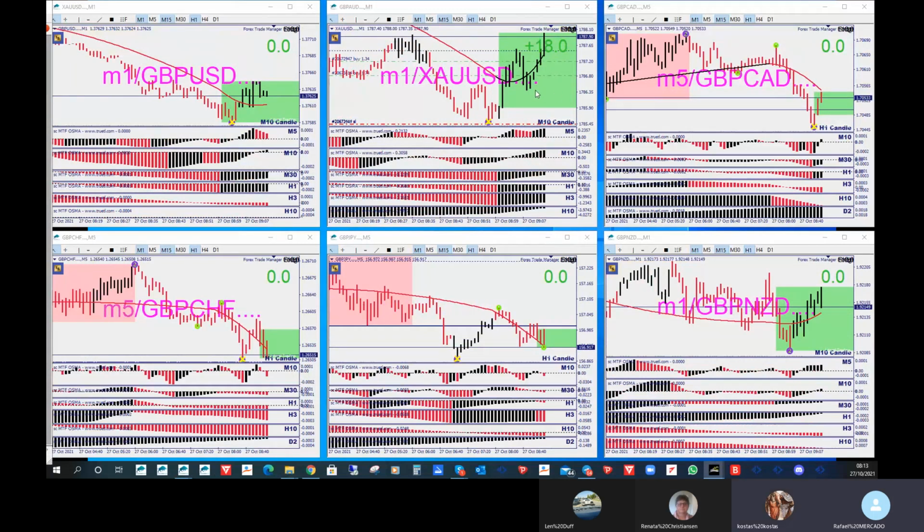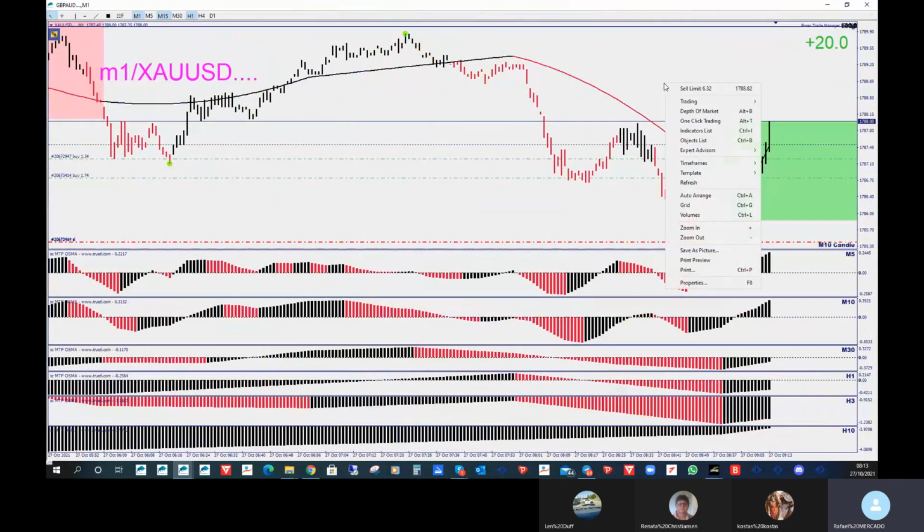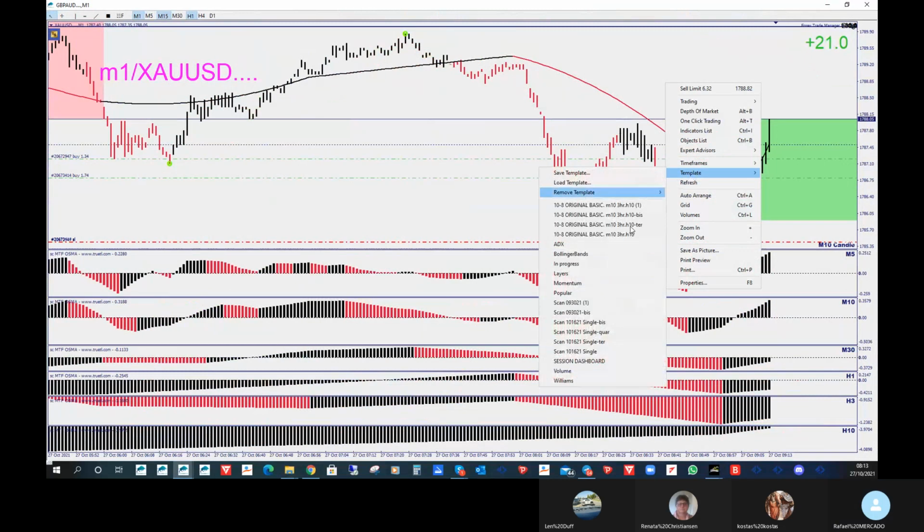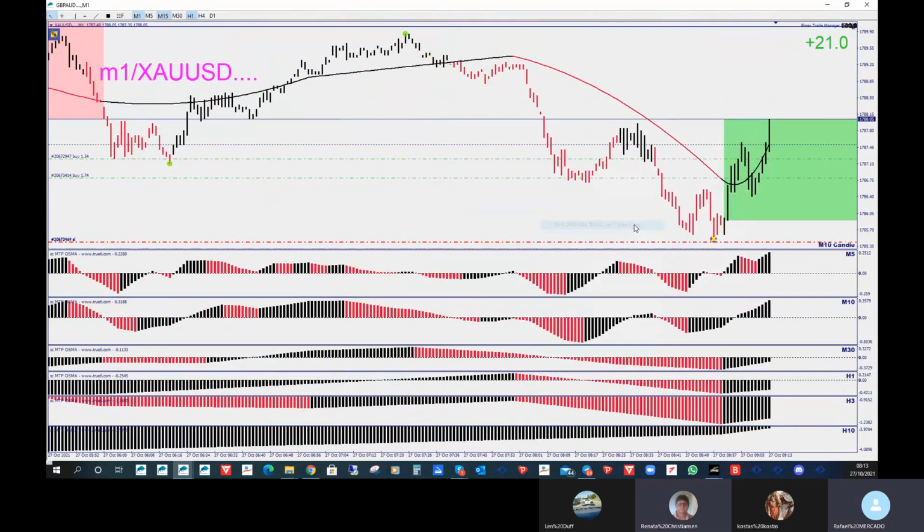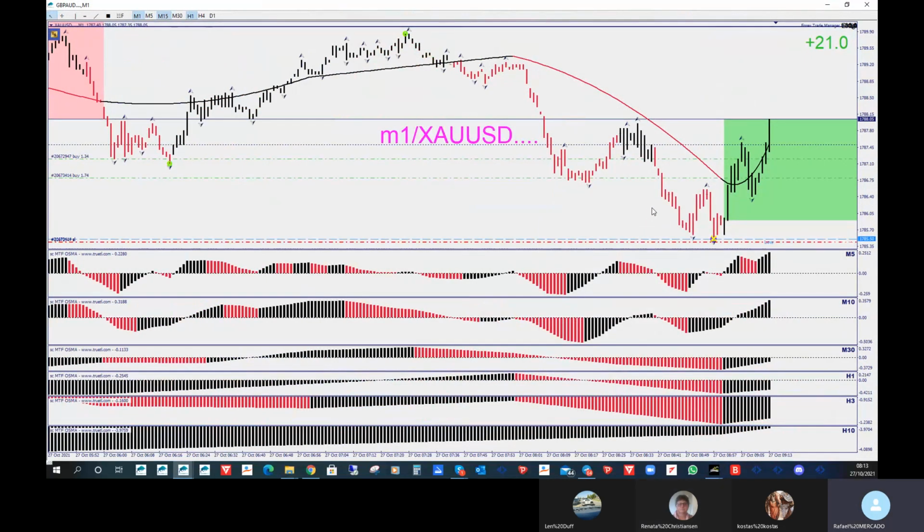I'm going to take my 20 pips. I'll let it go. So I'm going to change my foot to my other template and see where it can go.